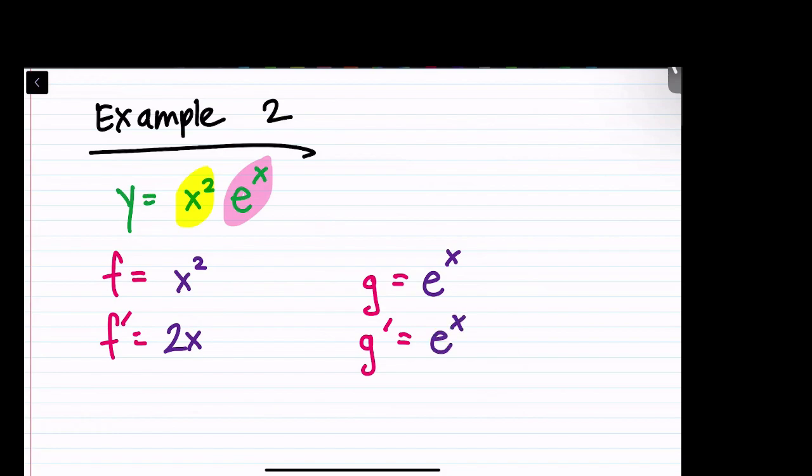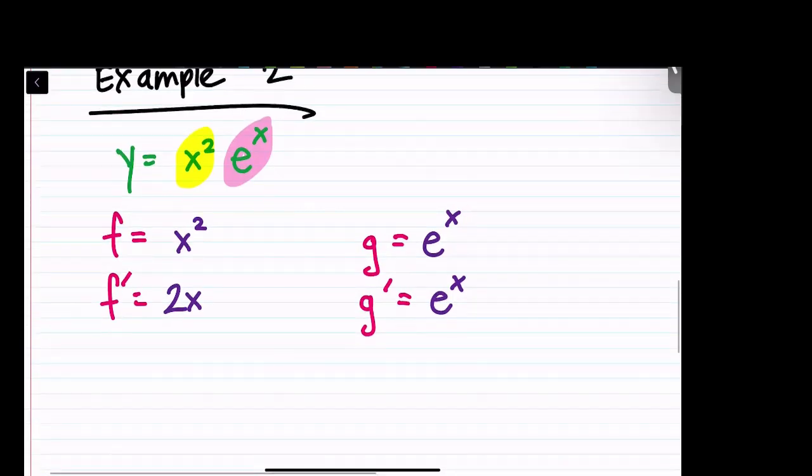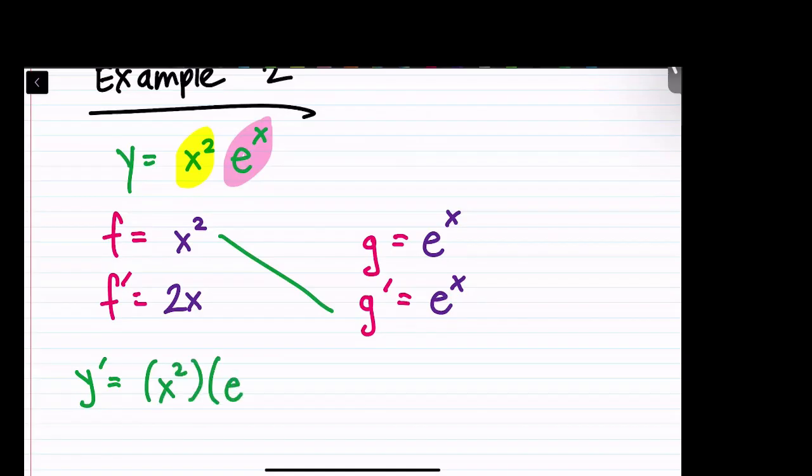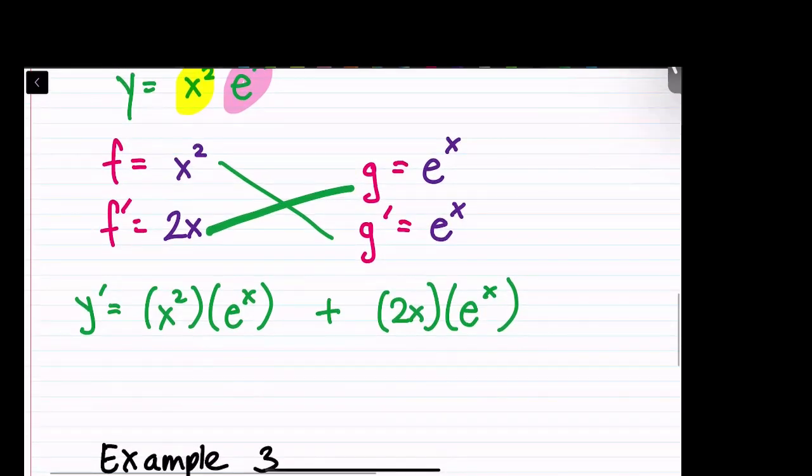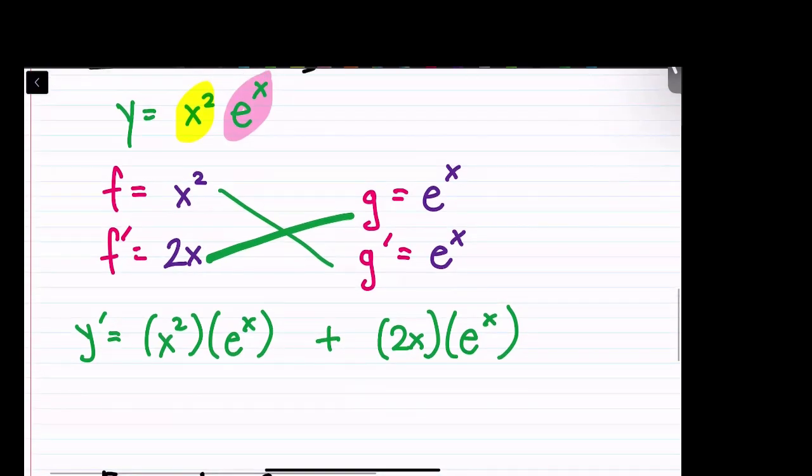Next, plug in these four components into our product rule formula. So we have f times g prime plus f prime times g. Now I will simplify this expression by removing the parentheses.